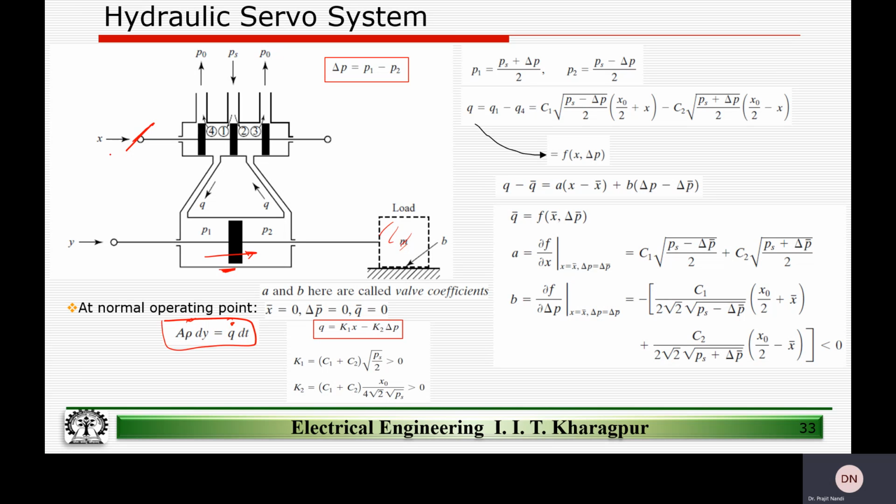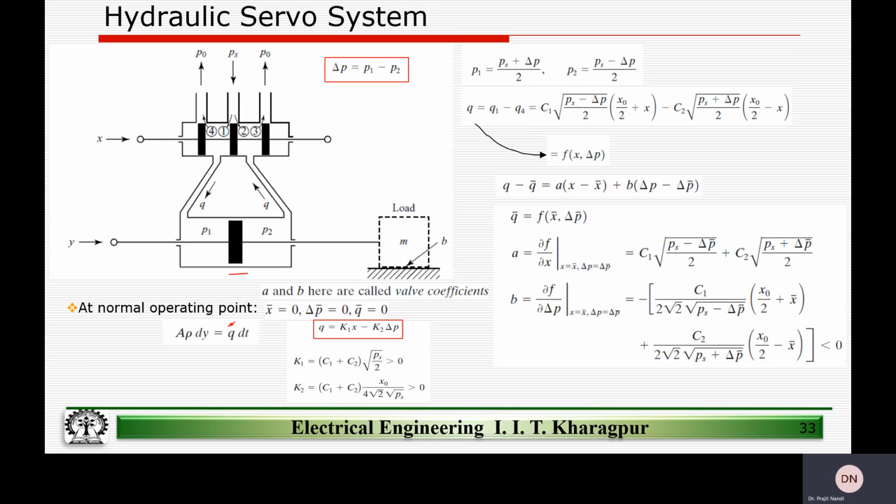So basically we give an input signal X, let's say here, and because of X, there will be a fluid flow that will happen. At the steady state it is 0, but the moment we have moved it, there will be a fluid flow that will occur in this direction, and that flow rate multiplied by delta T, right?